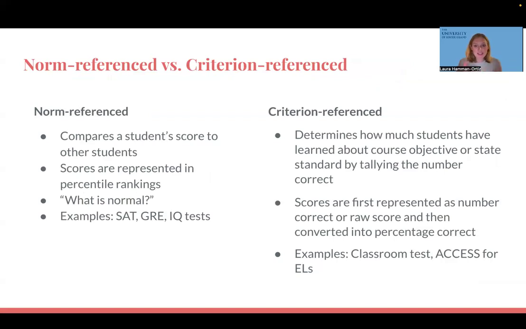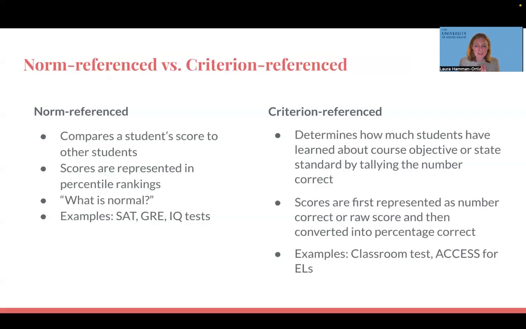So standardized tests are often talked about in these two ways, as being norm referenced or criterion referenced. Norm reference means the student score is being compared to other student scores. So scores are represented in terms of a percentile. And the goal is to see what is normal.